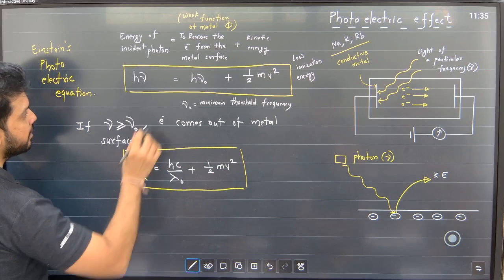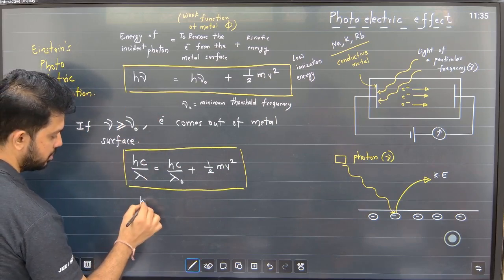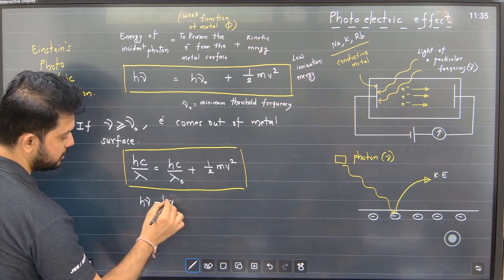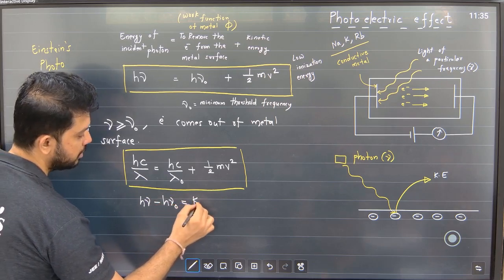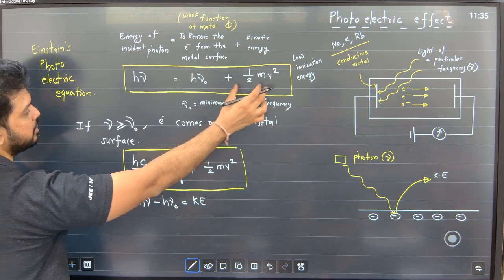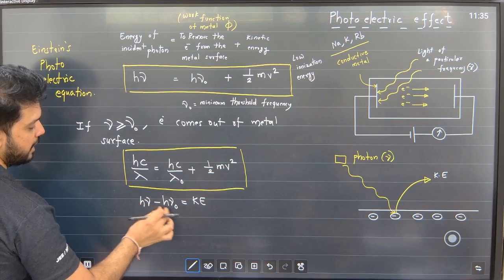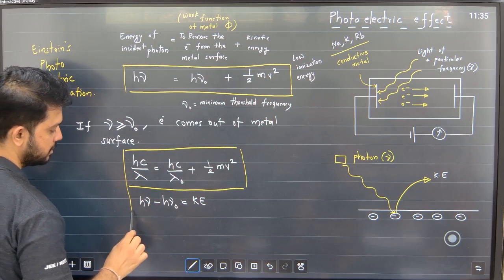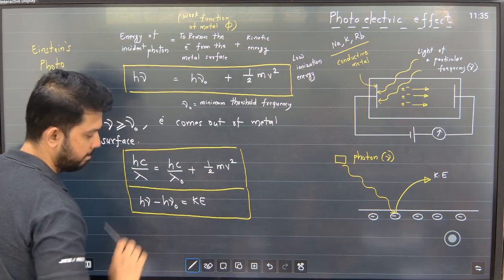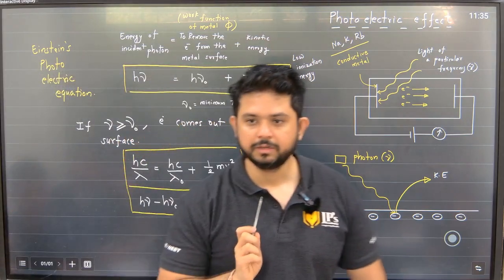Next, h nu minus h nu naught is equal to kinetic energy. What I just did is I took h nu naught to the left, so you can write the same formula as h nu minus h nu naught is kinetic energy. Did you get that?